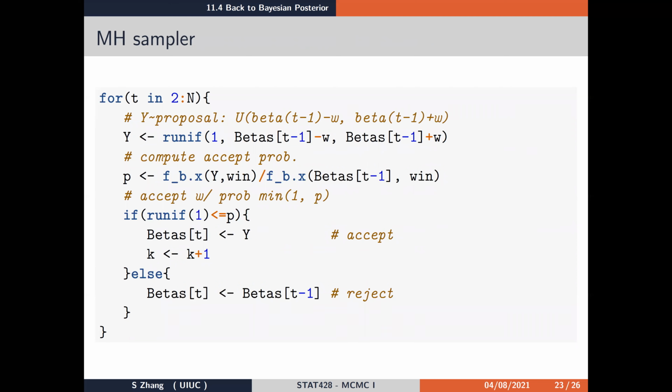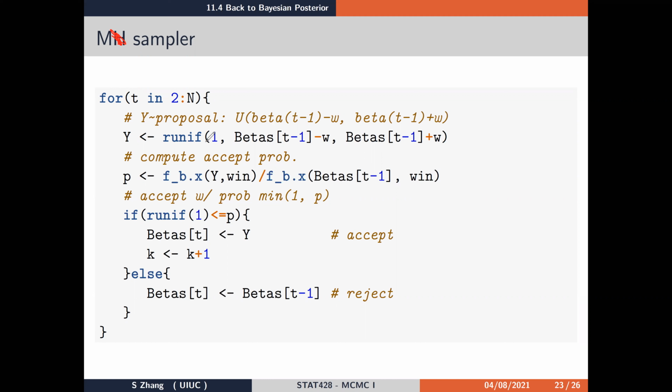So here's the code for the Metropolis sampler. I use the MH too much and have a tendency to call it the MH sampler, but it should be without the H, sorry. So we have set the initial value, so the first beta, to be equal to 0.4. And for each of the subsequent iterations, we first draw from the proposal.